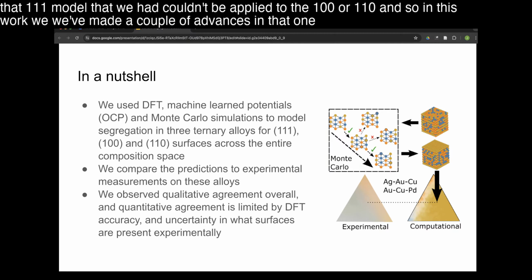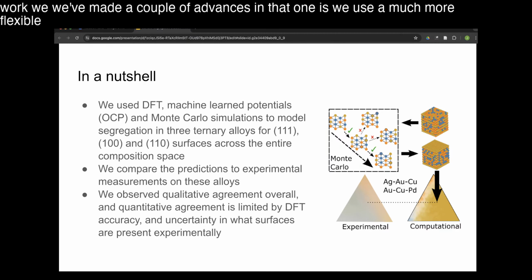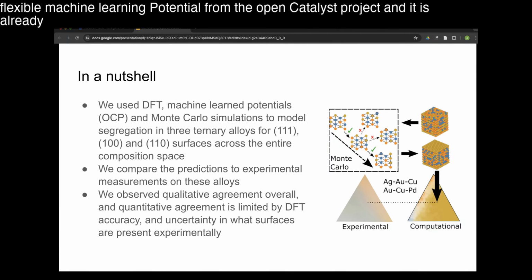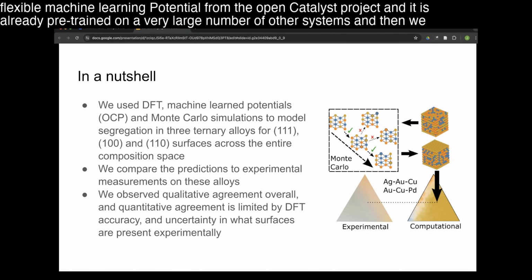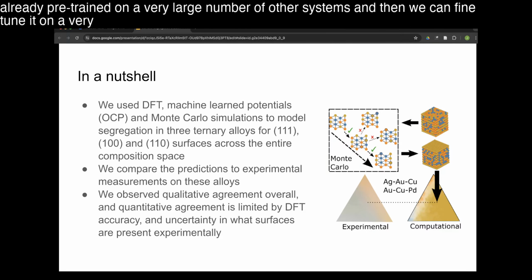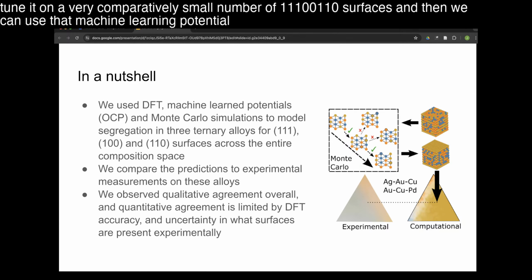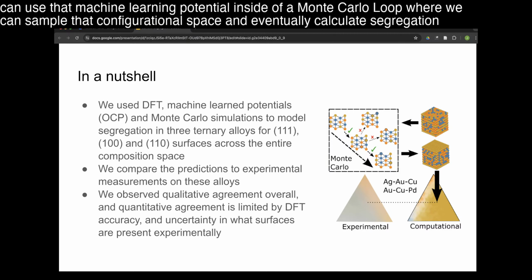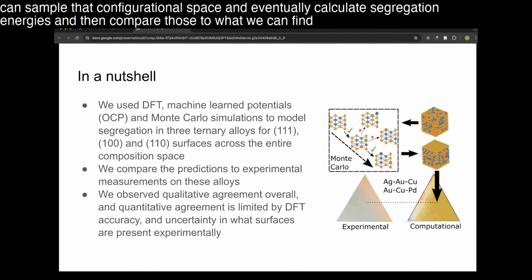One is we use a much more flexible machine learned potential from the Open Catalyst project, and it is already pre-trained on a very large number of other systems, and then we can fine-tune it on a comparatively small number of 111, 100, 110 surfaces, and then we can use that machine learned potential inside of a Monte Carlo loop where we can sample that configurational space and eventually calculate segregation energies and then compare those to what we can find experimentally.